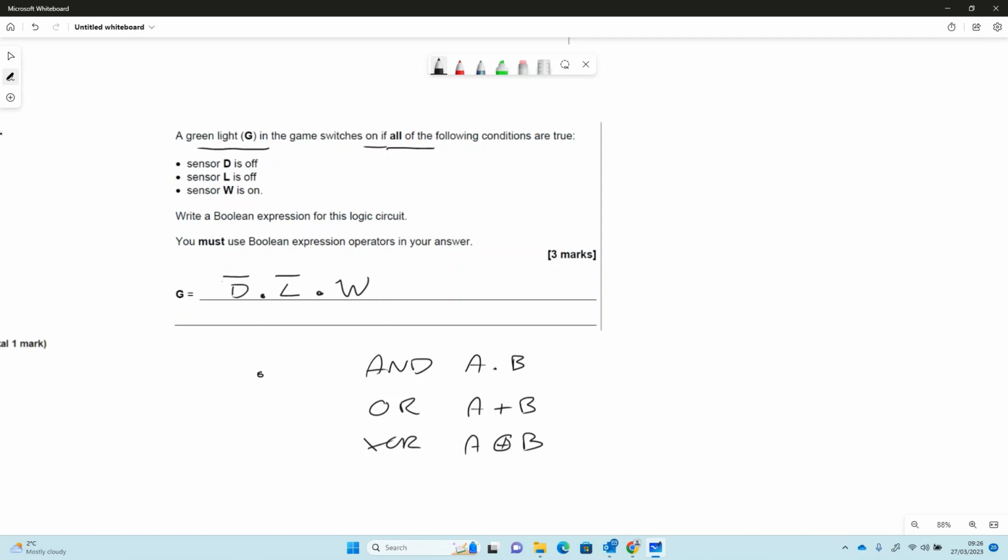And if we've got a NOT, so not A and B, for example, might look like that, or just not A for a single one. So we could have any of those things. That's the kind of notation we're looking for. You need to think about AND, OR, NOT, and potentially XOR as well. So there's a few questions on logic and circuits.